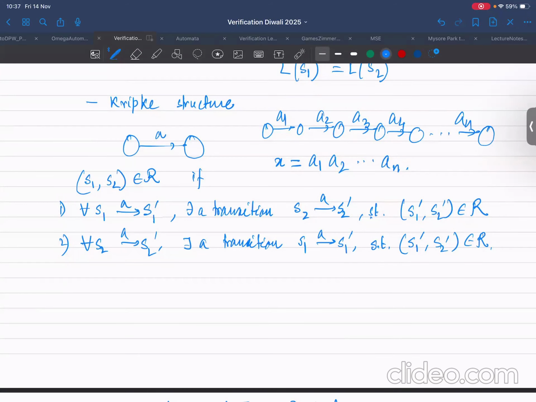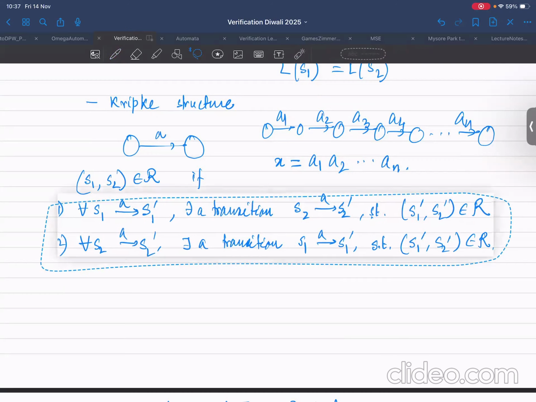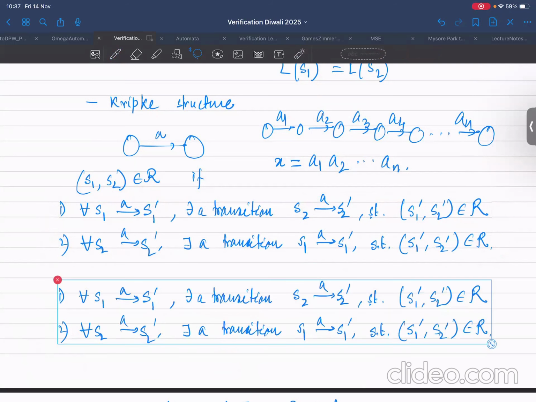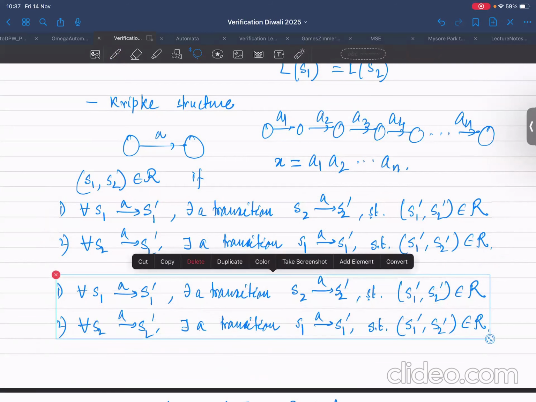So I will talk about exactly the same thing, but instead of a single transition, I'll now talk about a sequence of transitions.